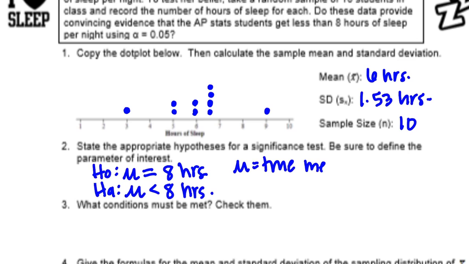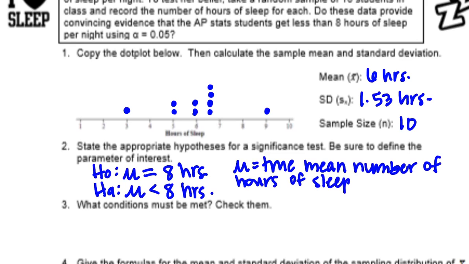Mu equals the true mean amount of sleep, or true mean number of hours of sleep AP Stat students get each night.